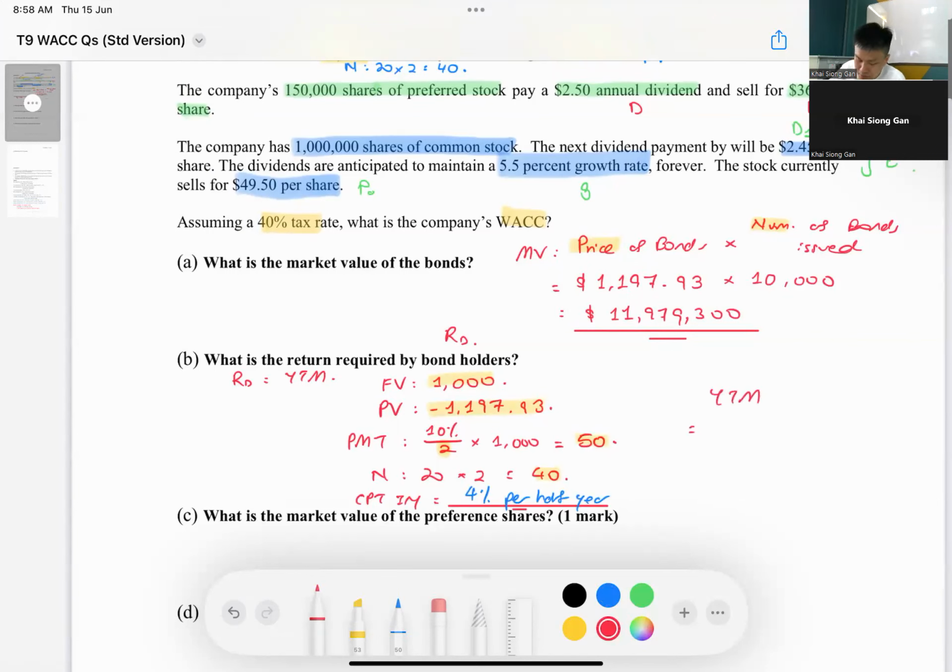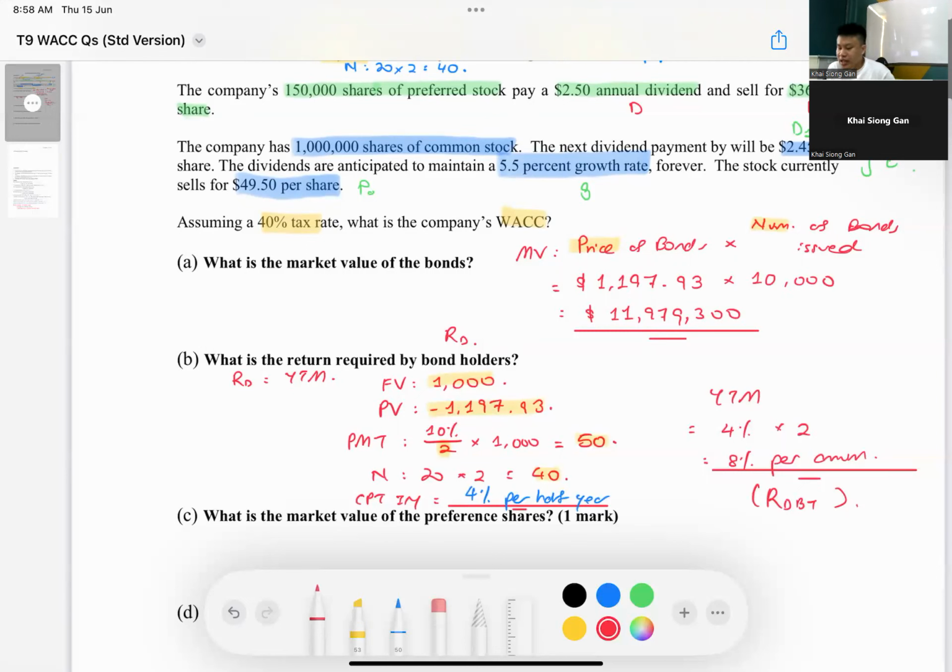So for YTM, I must multiply it by 2. 4% times 2 equals 8% per annum, because yield to maturity is per annum. Okay, so that's the answer. This is what we call the required return for the debts before tax.